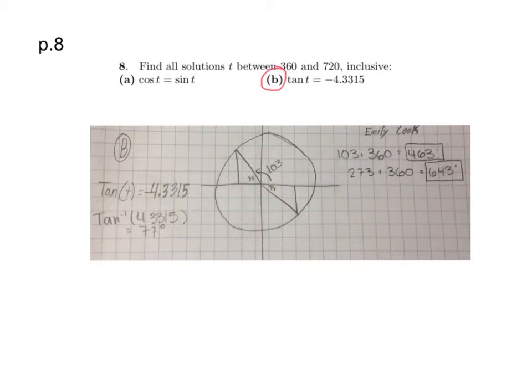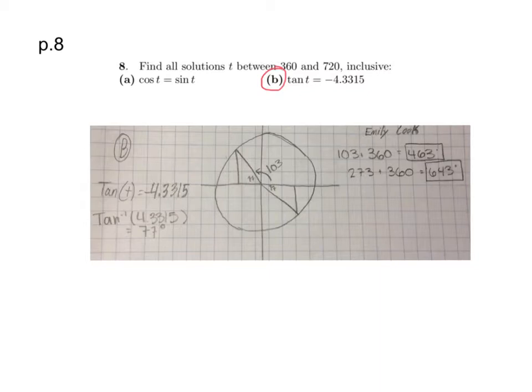For 8, it's find all the solutions t between 360 and 720, and I got problem B, which was tangent t equals negative 4.3315. So what I did is I took inverse tangent of 4.3315, and that ended up equaling 77 degrees.